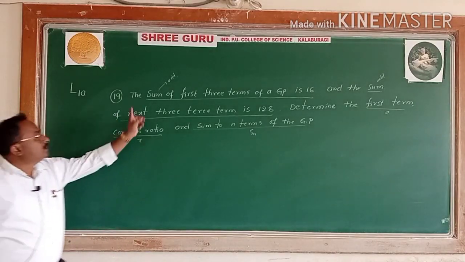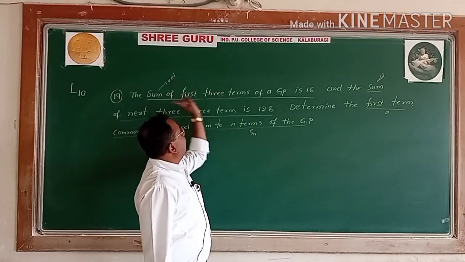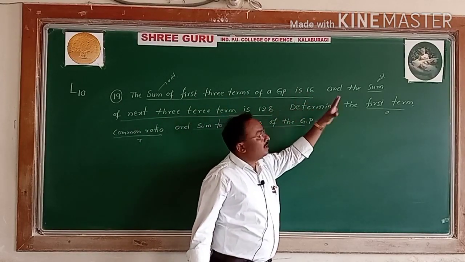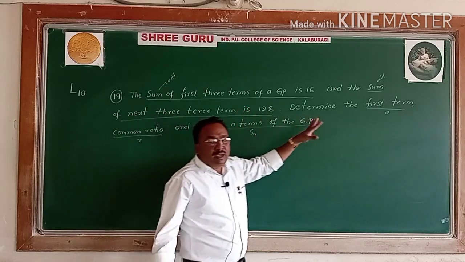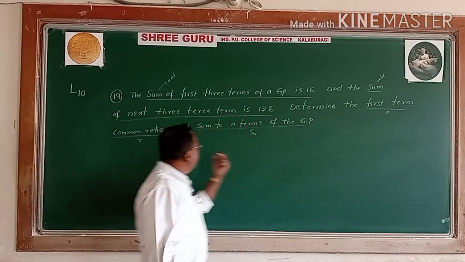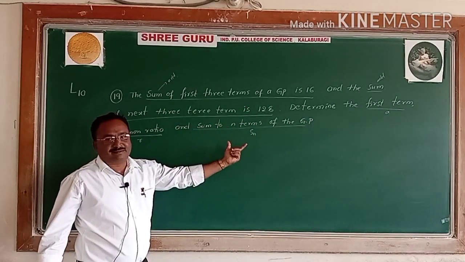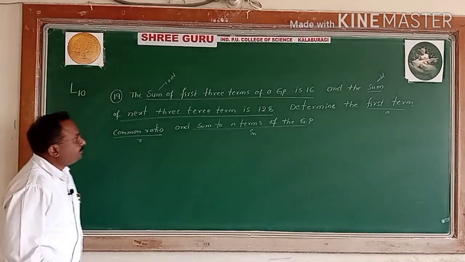Clear, understood? Sum of first three terms, add three terms is 16, and next three terms add 128. Determine, find out A, R and Sn. These three terms find out.